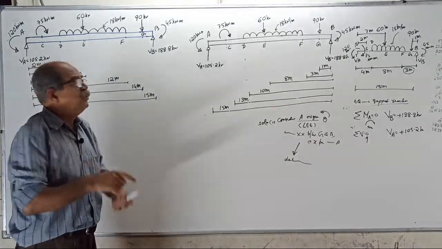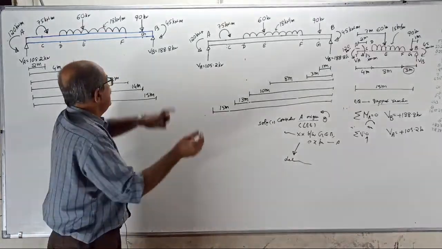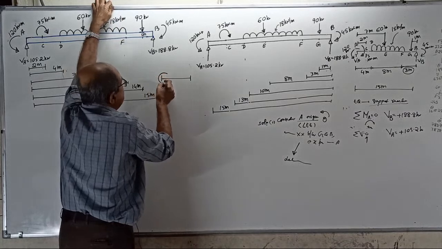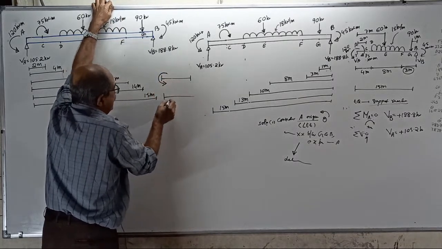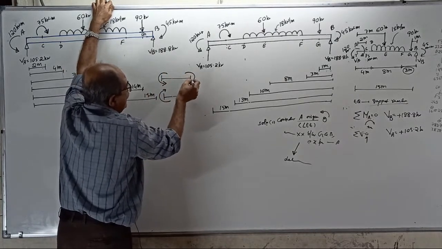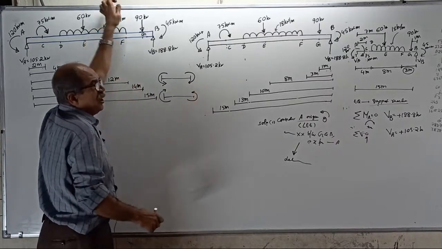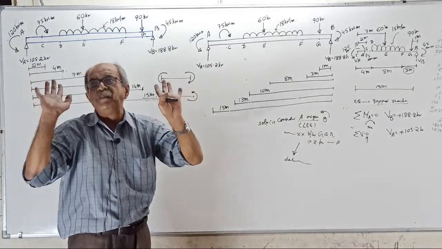I told you long back in the SFD BMD class, if the couple is given at the ends, you enter it like this. If anti-clockwise given, enter like this. If clockwise given, enter like this. For an end couple, you enter in closing bracket format.